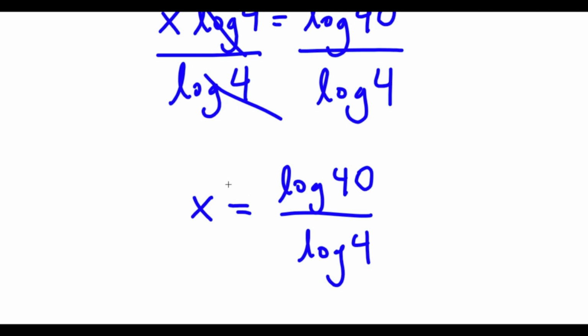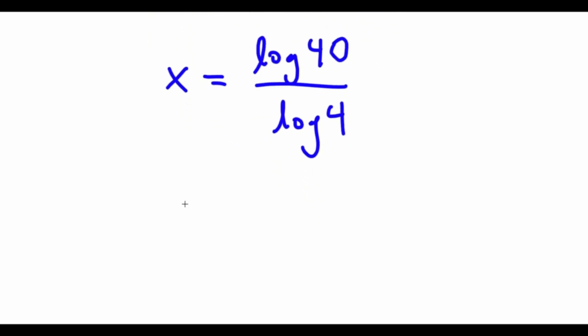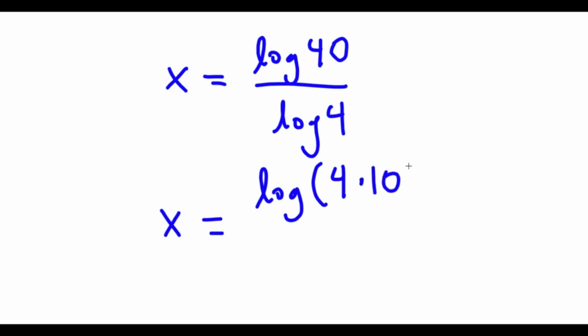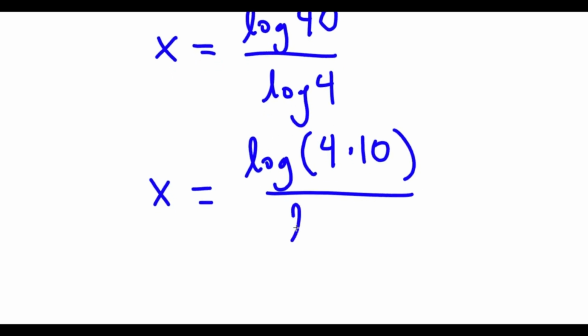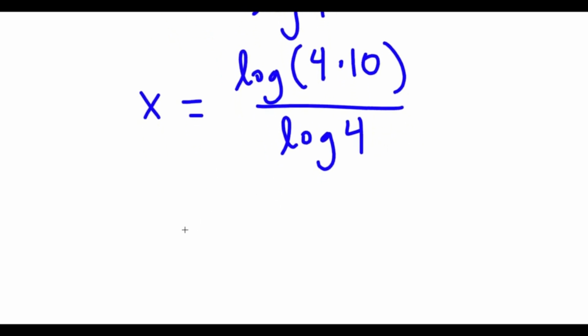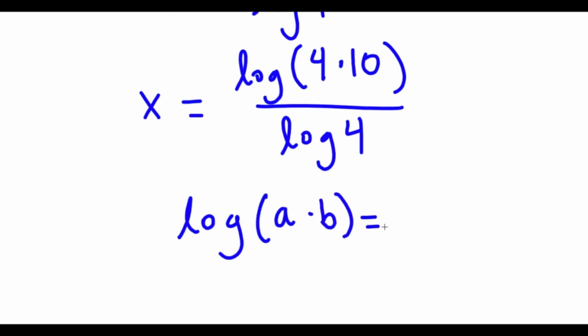Now, log 40, this is the same thing as log of 4 times 10, because 40 is equal to 4 times 10. So I have this over log 4. And now if I have something in the form log a times b, this is equal to log a plus log b.